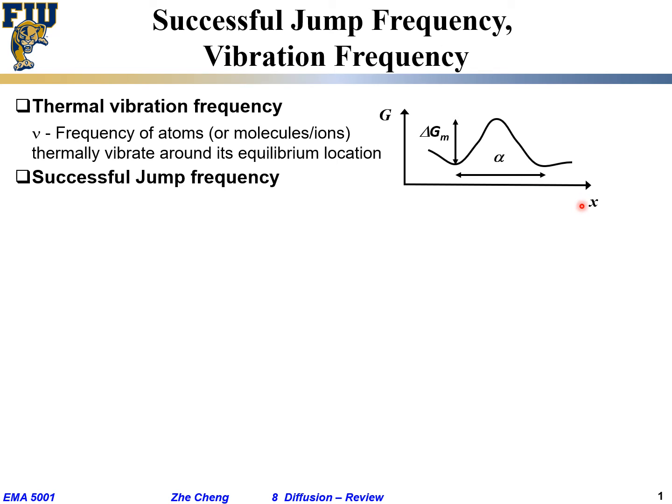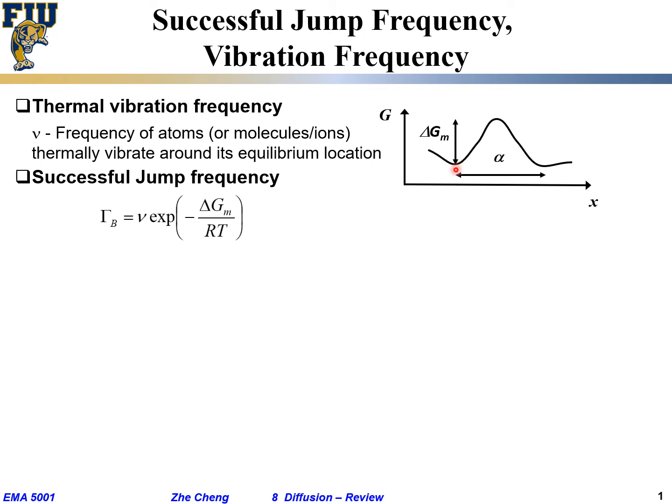Let's assume that our atom is initially at this valley, or equilibrium location. In order for that atom to move to a different location, far away from its original location, it always has to overcome a so-called migration barrier, essentially what we call the activation energy, delta GM.